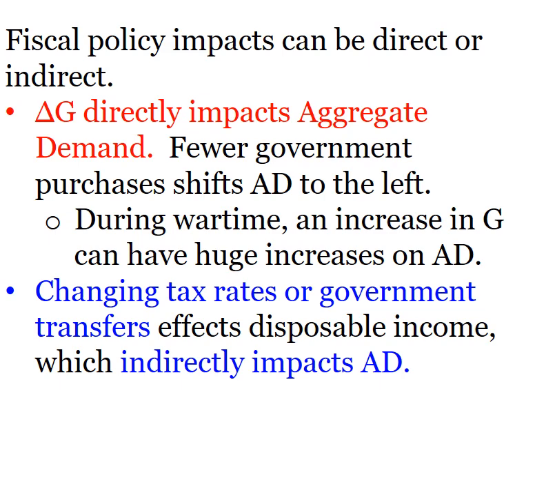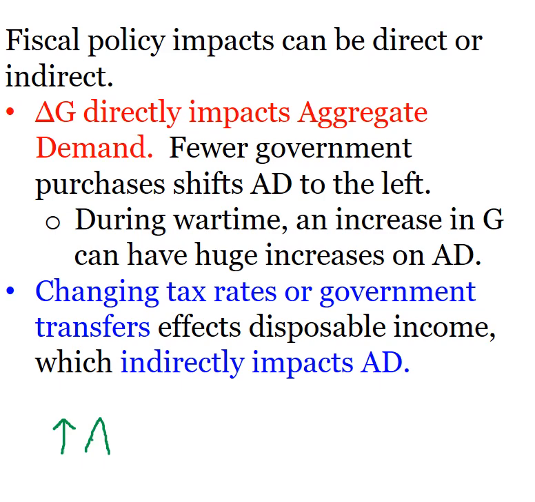I'm going to the italics questions in your notes now. If we're in a recession, do we want people to spend more money or less money to get us out of the recession? We want them to spend more money. So our goal in a recession is to increase aggregate demand.